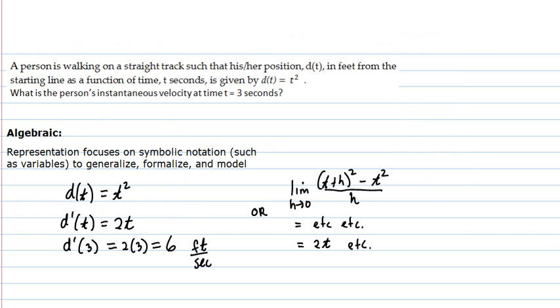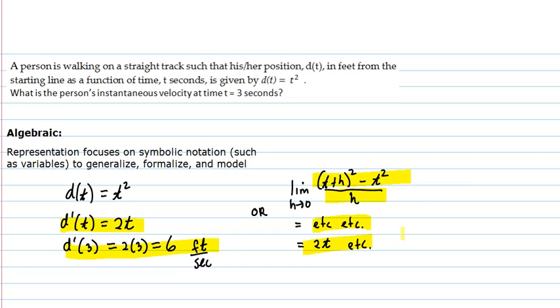Then you have the algebraic approach, where maybe you already taught them how to take these derivatives. So take the derivative, you get the 2t, plug in the 3, you get 6 feet per second. Or maybe you have them do it with the limit definition, work through all the steps. Manipulating symbols would be the algebraic approach, but as you can see, it's not visual.